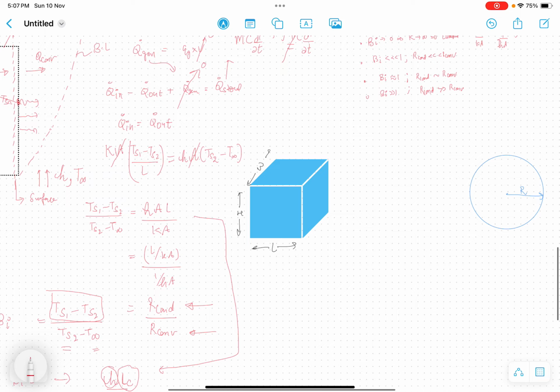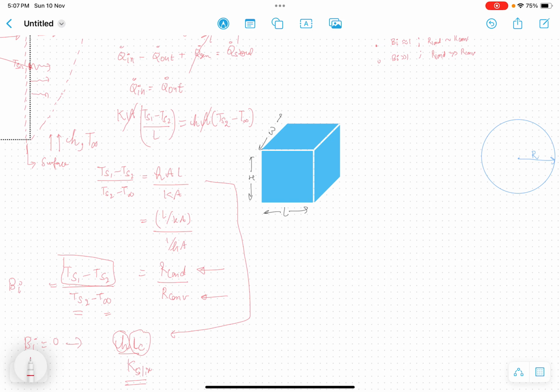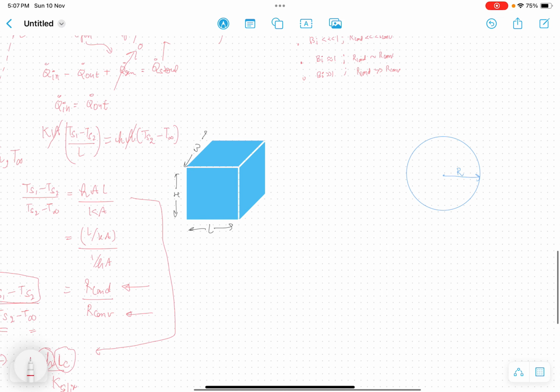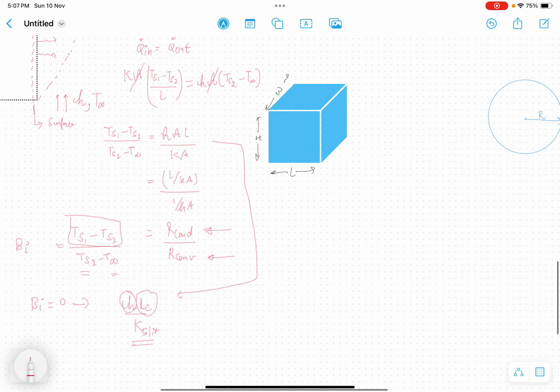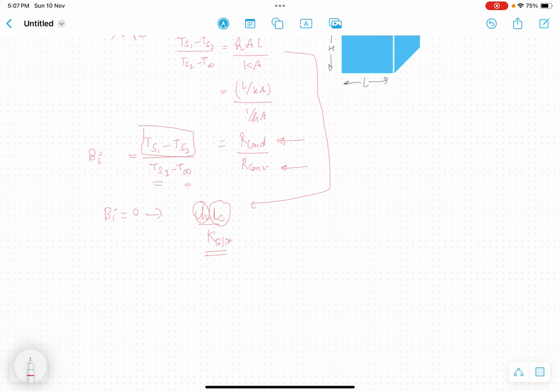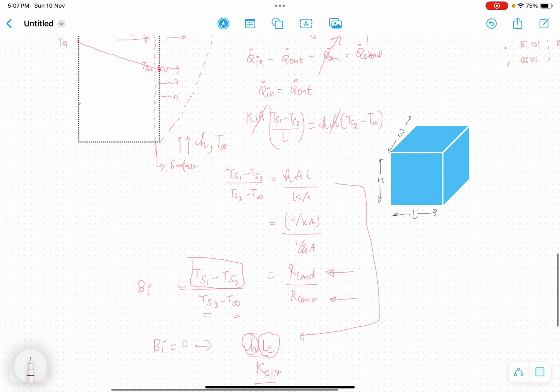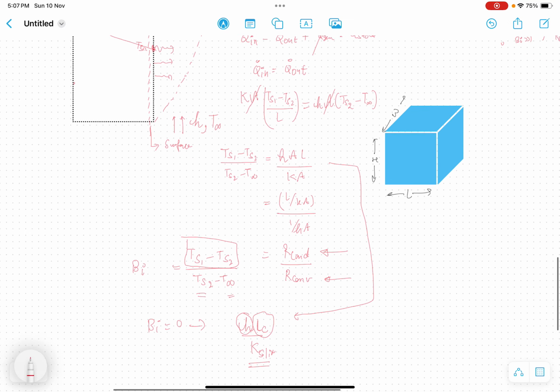so I was telling you what is the meaning of characteristic length. For every type of body, let's say a cube or sphere, we can define a particular length, because in the Biot number this length is coming, and we derived this relation considering a plane wall kind of object.